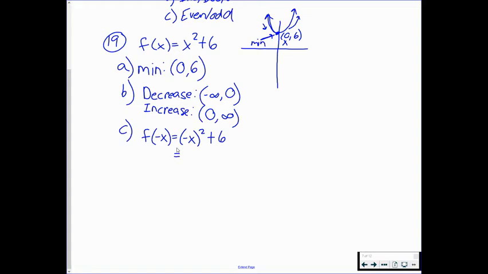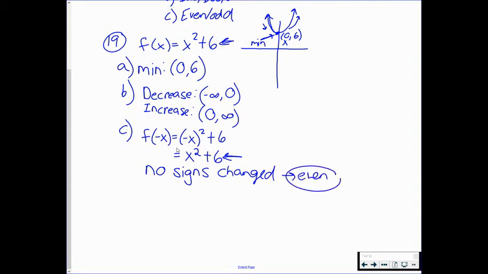Negative x squared, a negative squared is positive x squared plus 6. This function matches the original, so since no signs changed, this is an even function because no signs changed.